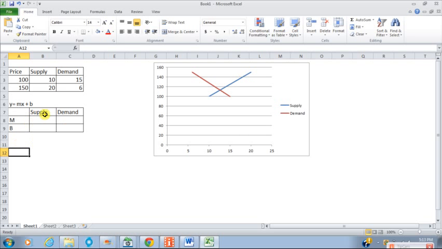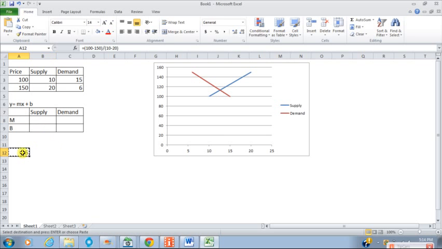So if we were to take the supply line, and I'm going to start this with a little equal sign to let it know we're doing a formula, we have change in price. Price is going to go from 100 to 150, divided by a change in quantity, which is 10 minus 20, and we get a slope of 5.